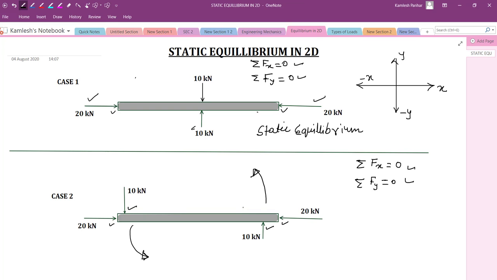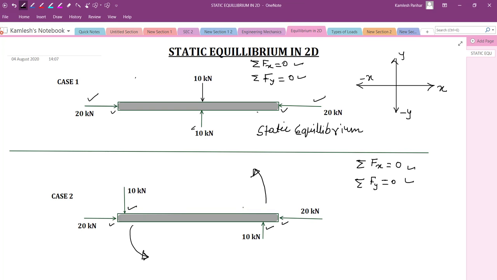So from here we conclude that these two equations, summation Fx equal to 0 and summation Fy equal to 0, are insufficient to prove static equilibrium. Then how can we say a body is in static equilibrium mathematically?